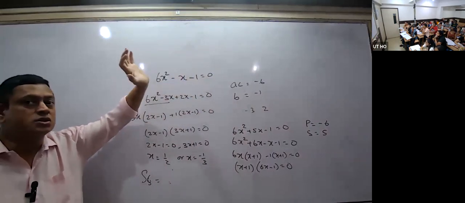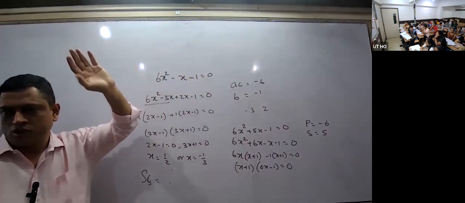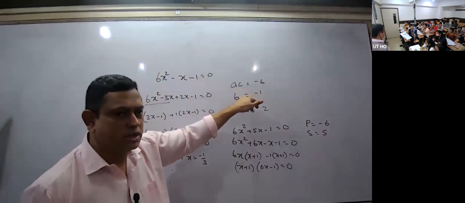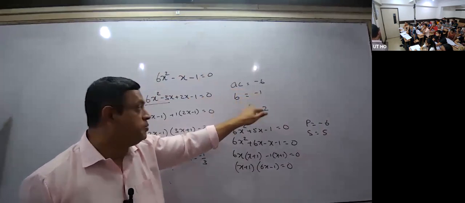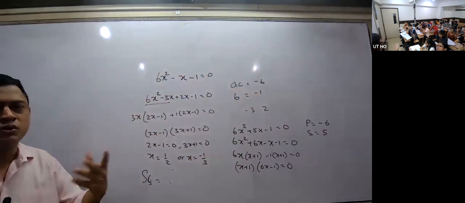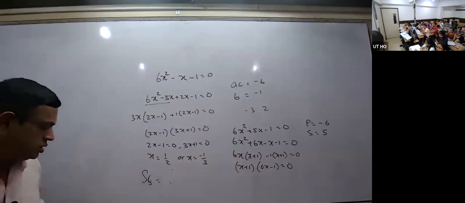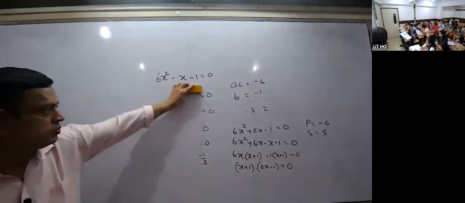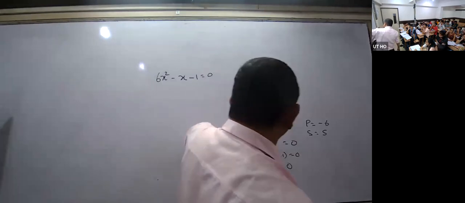This is the basic concept of splitting the middle term. Hope all of you followed. The basic thing is product is equal to AC and sum is equal to B. Find two numbers with that product, then split accordingly. Now, next, suppose along with this one, suppose it is coming sometime.